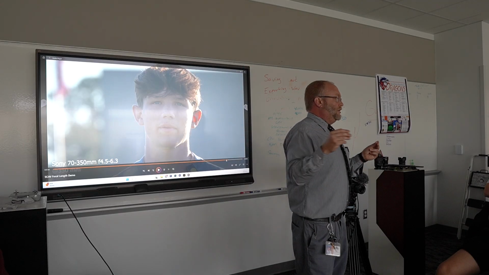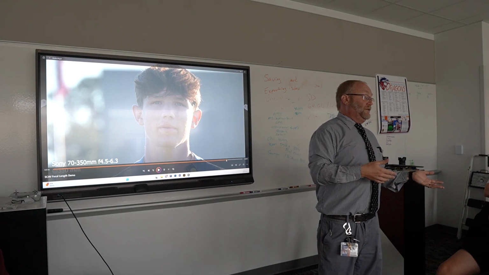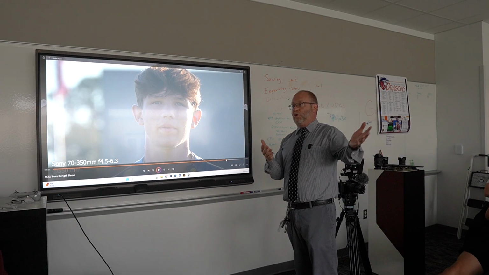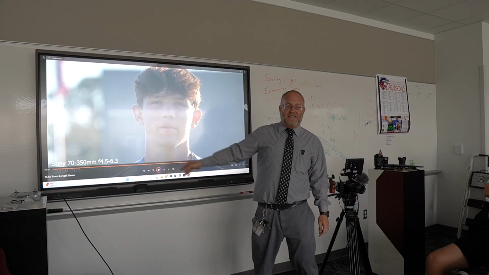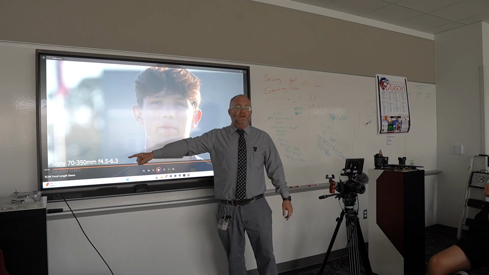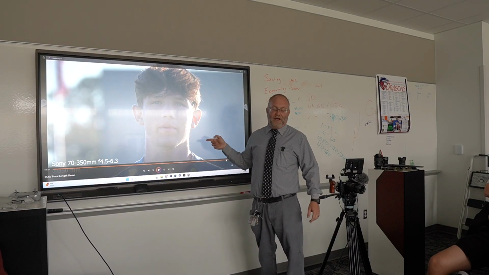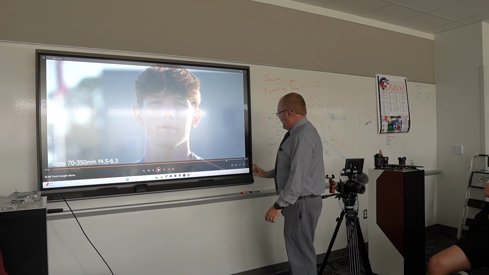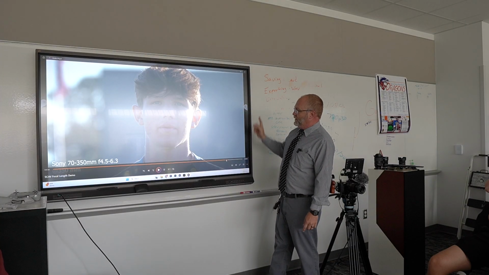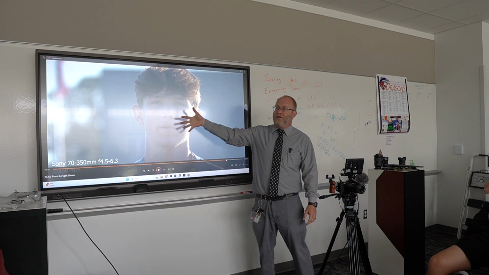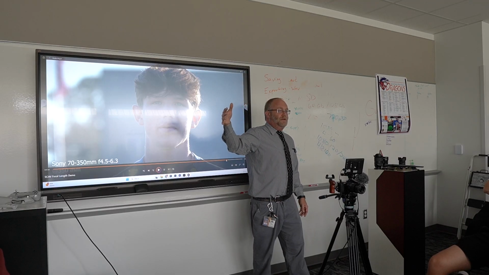4K means that there's more pixels. Well, how many more? Okay, so full HD is 1920 by 1080. That means there's 1,920 pixels in a line this way, by 1080, which is 1,080 pixels this way. So essentially, this screen is a grid of 2 million pixels.